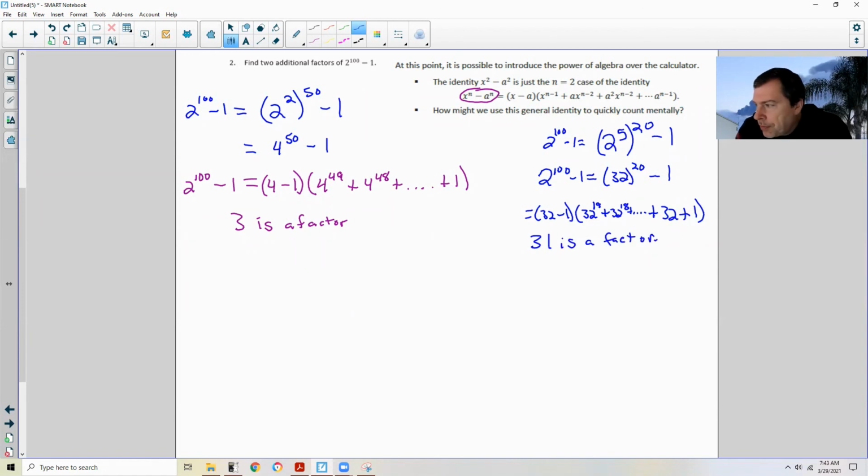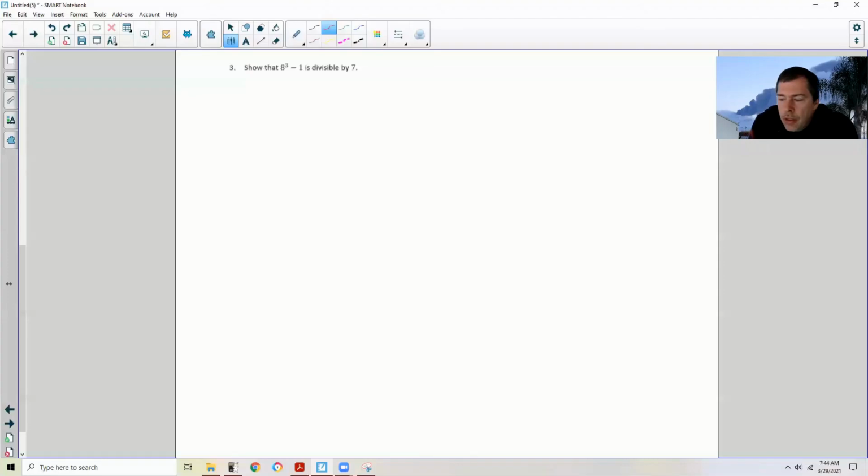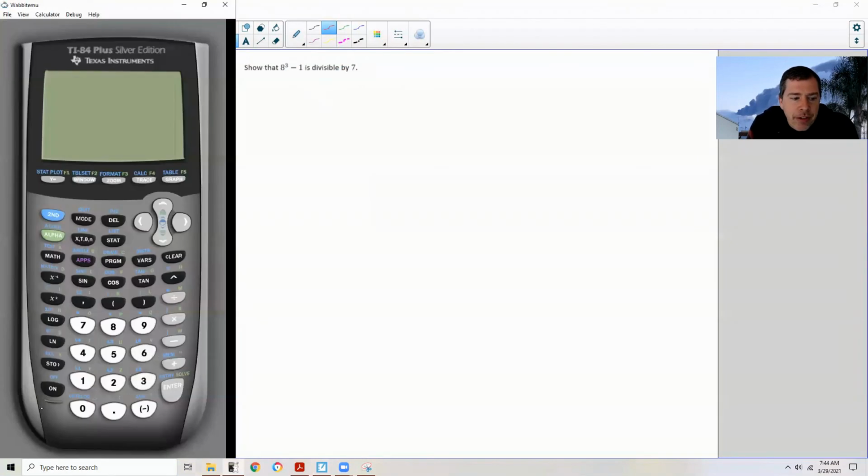Okay, so now we're going to deal with a much smaller number that we can actually calculate, because I showed you on the calculator in the last problem, it was a really big number, 30 decimal places.